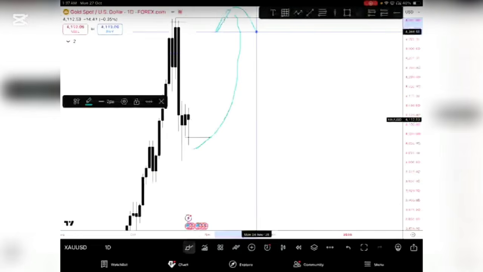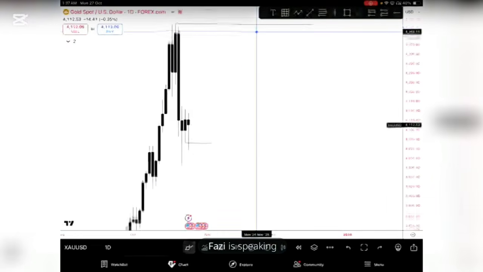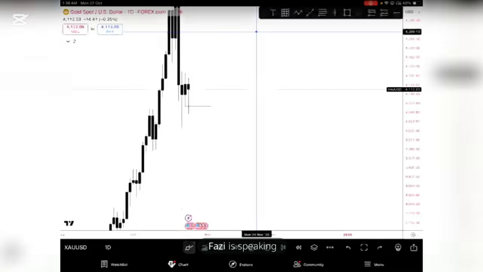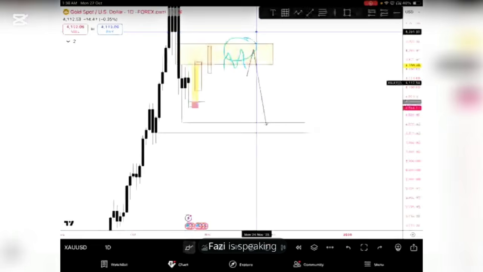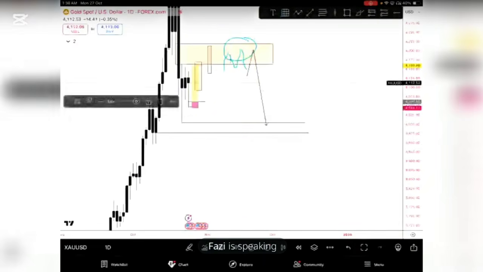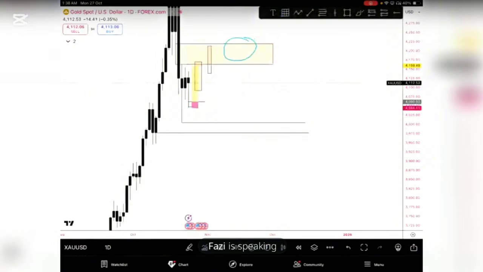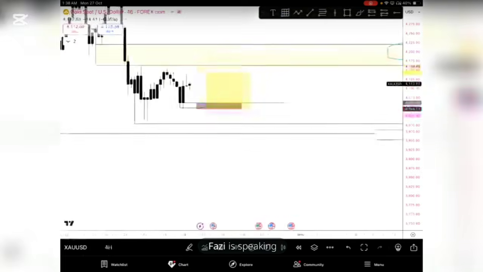So this is what we are looking for on gold. We are looking for H4 buys. Here we are looking for buys from the H4 level, and we will target the daily imbalance level. Understand what I'm telling? So this is the thing we are looking for on gold on this H4.